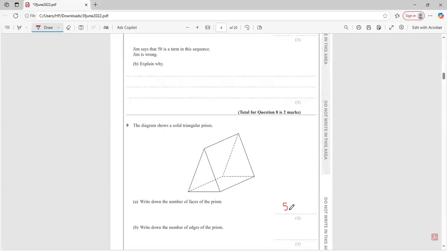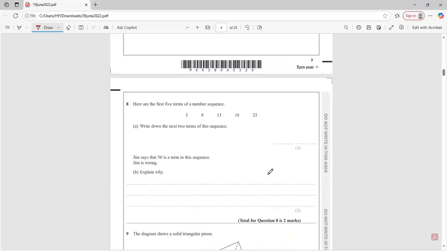Okay, so do you agree with the fact that there are 5 faces on this one? Yes. How about the number of edges? 9. Okay, 9. Okay, yeah.